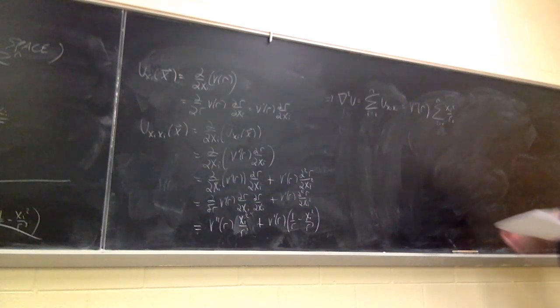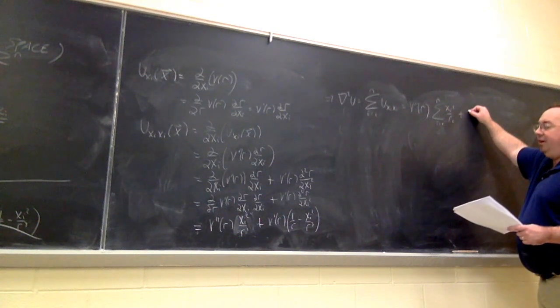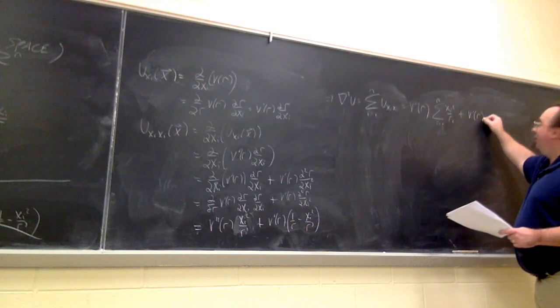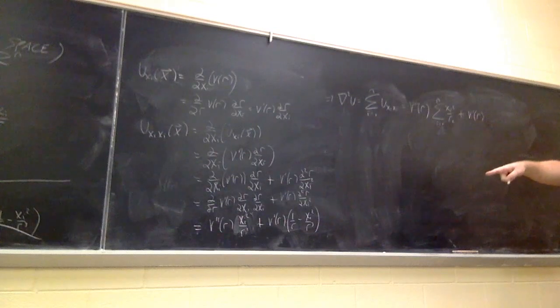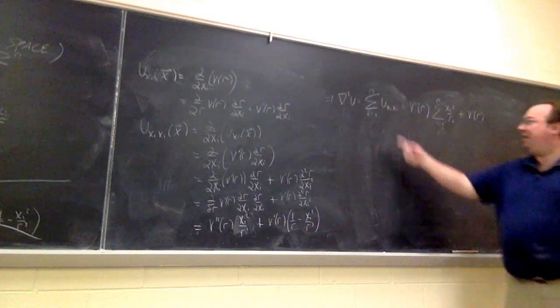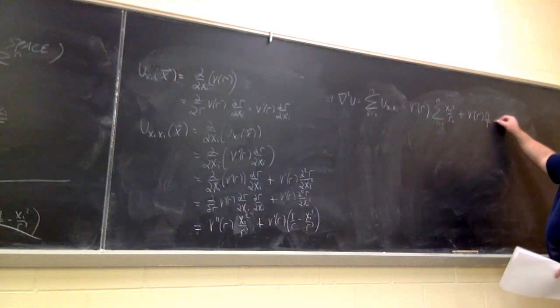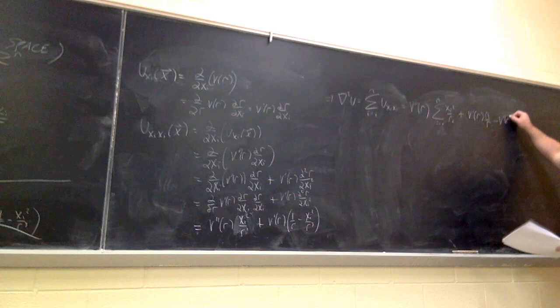But the thing is, well, I'll write the rest of this first. Then I have v prime of r that I factor out, and then I have 1 over r n times, because I'm adding up n times, so that would be n over r, minus v prime of r.